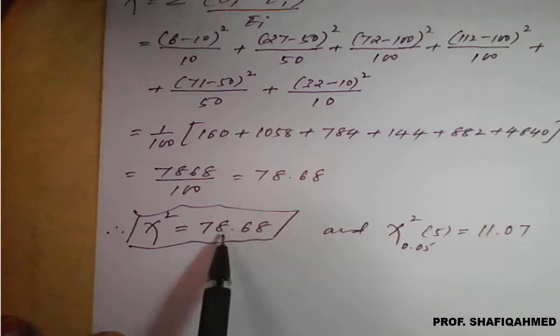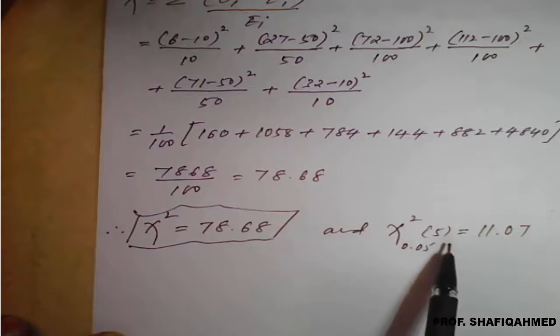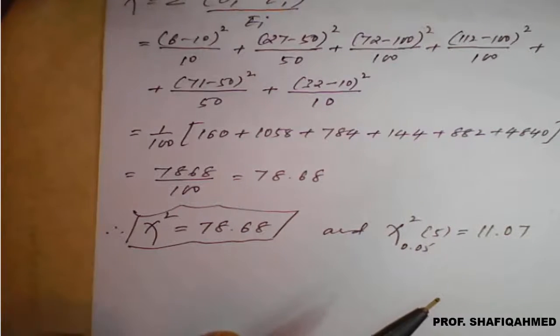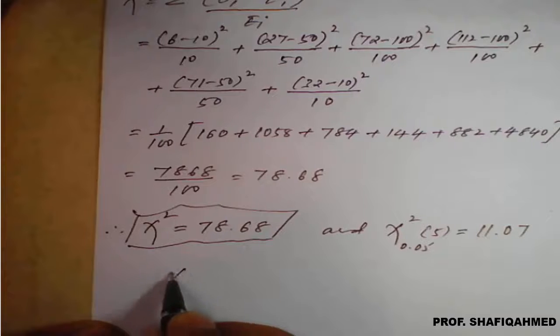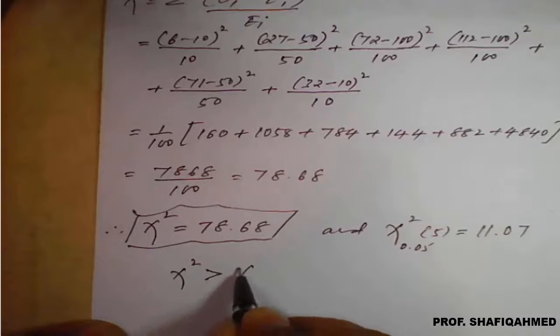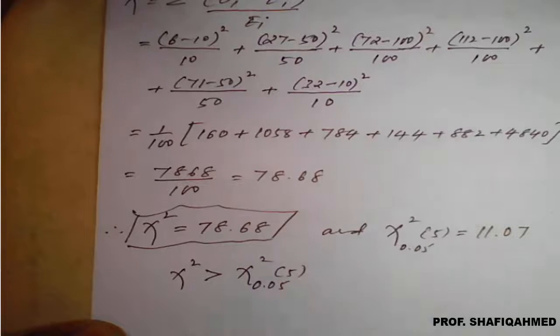The value we have calculated is greater than the table value of chi-square. So what I can say here is chi-square is greater than chi-square of 0.05 of degree of freedom 5.